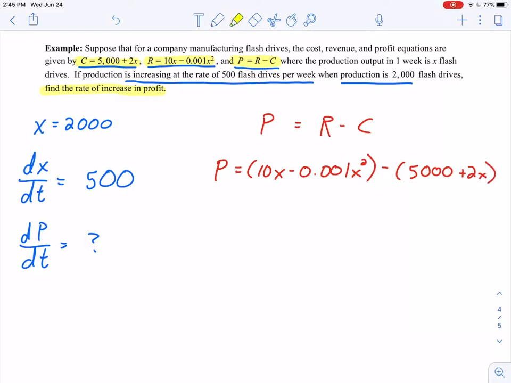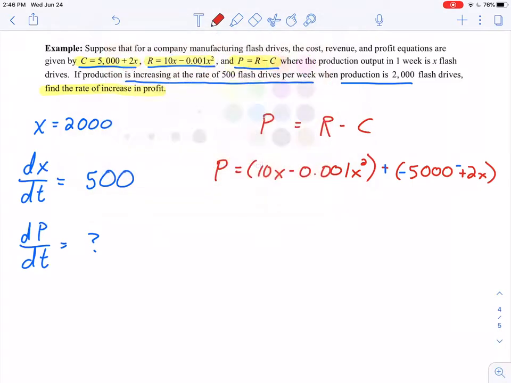Remember that we absolutely have to have these parentheses, particularly around the cost function, because I need to subtract both of those terms, not just the first one. Let's just change this to a plus and we'll distribute the minus sign to both terms.